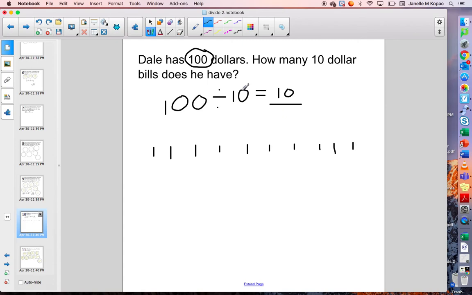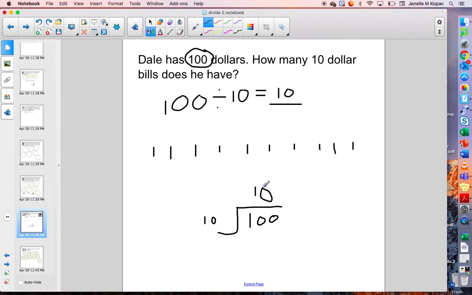Or if you think multiplication, 10 times 10 makes 100. So he had 10 $10 bills, and that's why he has $100. If you wrote this division problem the other way, you would put the big number inside, 100, divisor outside, answer on top. 100 divided by 10 equals 10.